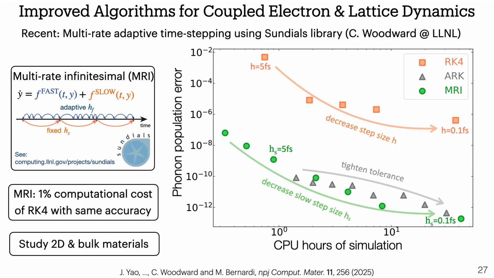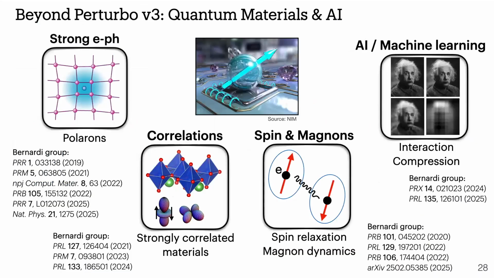Or stated differently, for a given computational effort, you can get 4 to 6 orders of magnitude better accuracy. Now, with this method, we can do not just 2D materials, but also bulk systems, which were previously just impossible to tackle. Just wanted to give you a flavor of what's beyond version 3 of Perturbo.